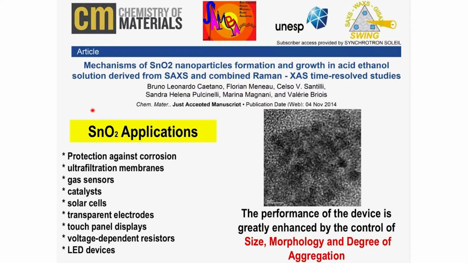Indeed, it is well known that tin oxide nanoparticles have a high technological importance in many fields, these fields being listed here. But efficient tin oxide nanoparticles can only be obtained through a careful control of the size, morphology, and degree of aggregation of the particles.